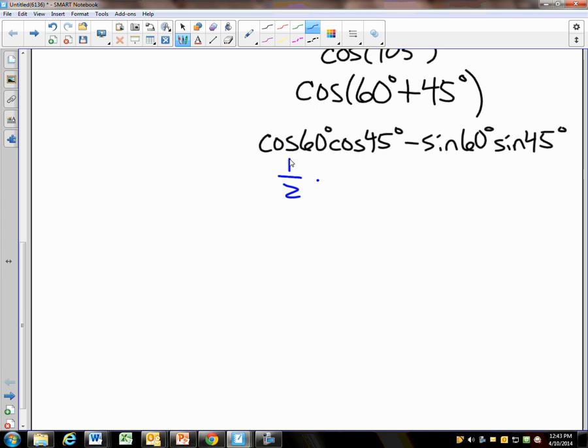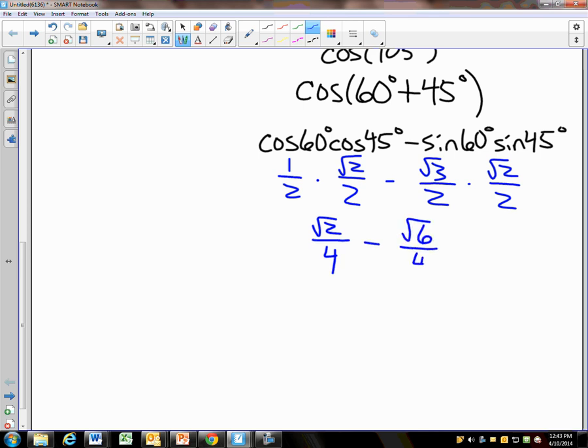1/2. Cosine 45, root 2 over 2. Minus root of 3 over 2 times sine of 45, which is root of 2 over 2. I multiply: root of 2 over 4 minus root of 6 over 4.